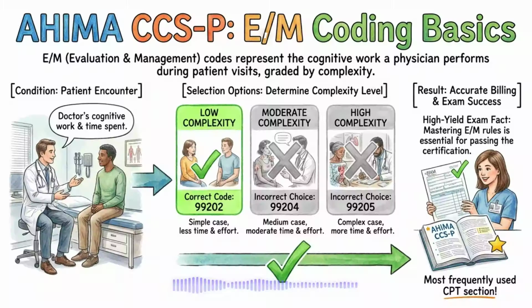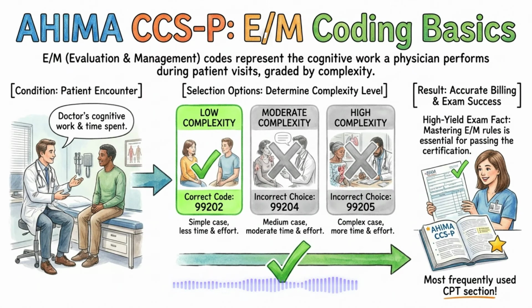The most frequently used section in the entire CPT manual is evaluation and management, commonly referred to as E/M coding. E/M codes represent the cognitive work a physician performs during an office visit, hospital consultation, or emergency department encounter.